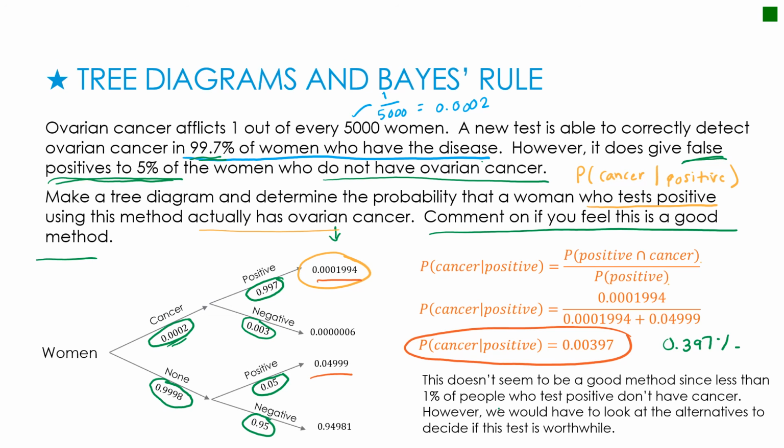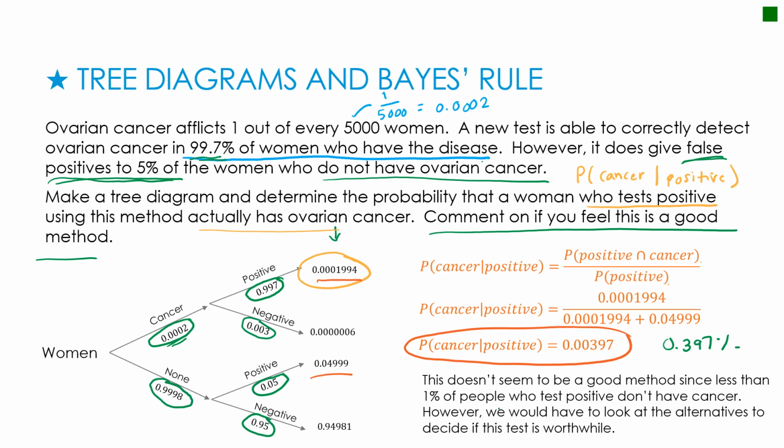So is this a good method? I don't know. It seems to be that if less than 1% of people who test positive actually have cancer, that's a whole lot of women who are very scared for no reason.